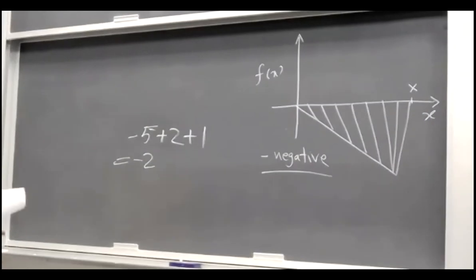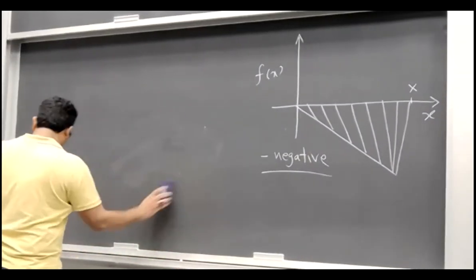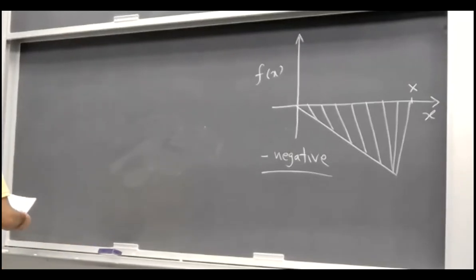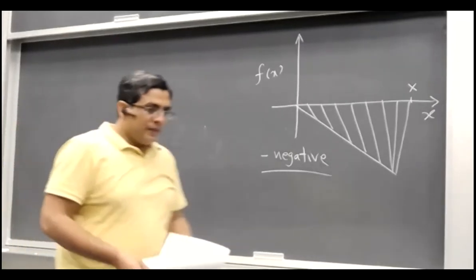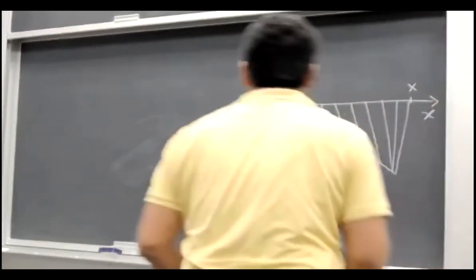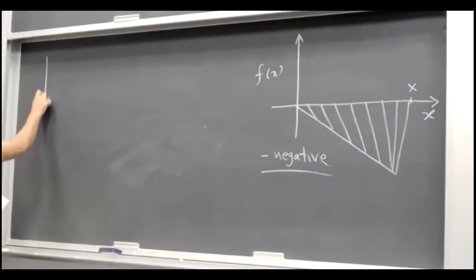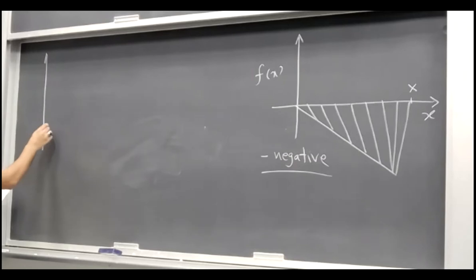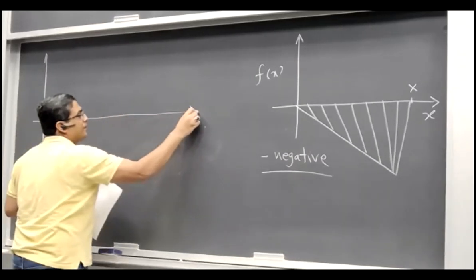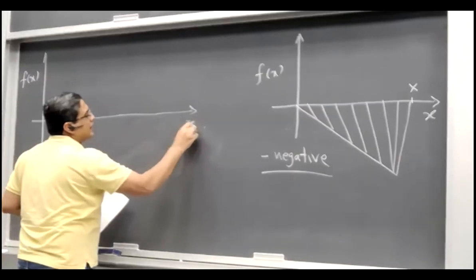Okay. So area can be negative. Let's do another quick example. Here we have f of x. This is the x-axis.